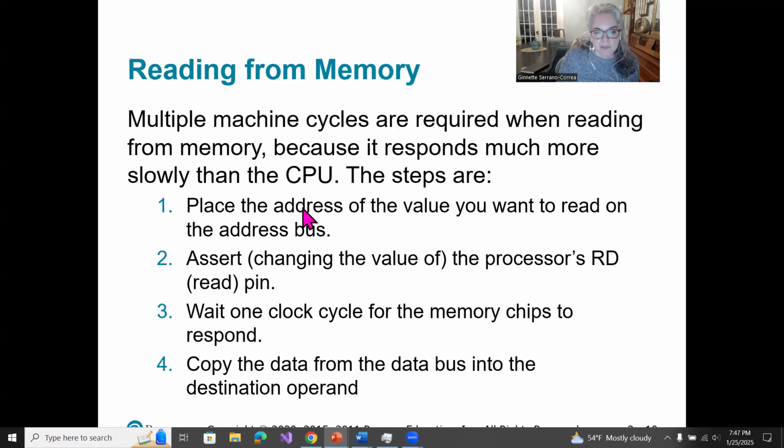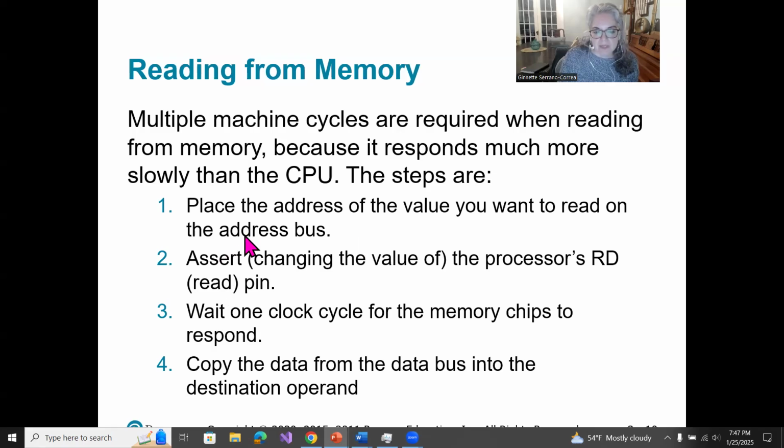So step 1, we place the address of the value you want to read on the address bus. And we went through these steps. We assert, or we change the value of, the processor's read pin. So remember, this is the control bus. The control bus has those different flags, and 1 means it's on, 0 means off.